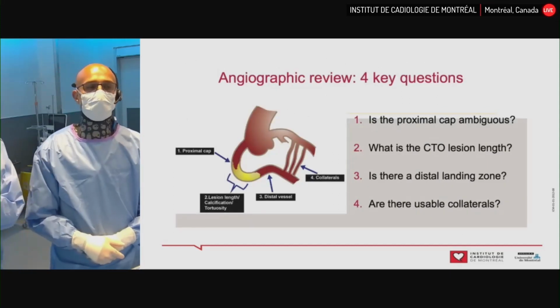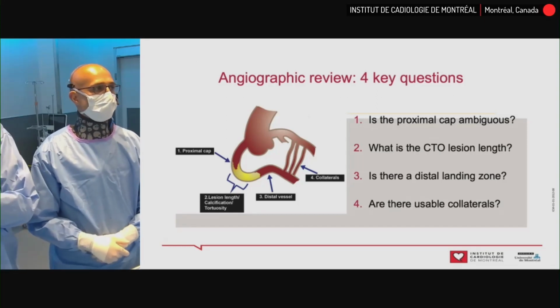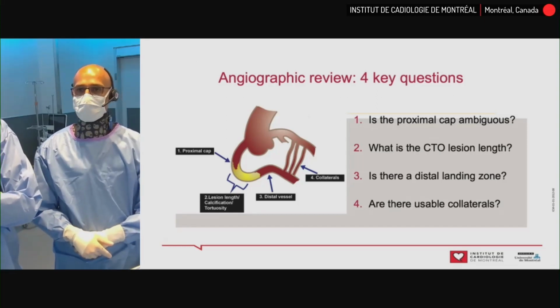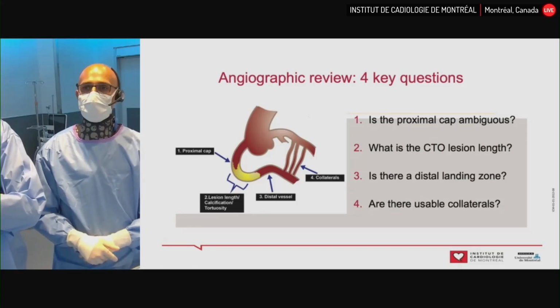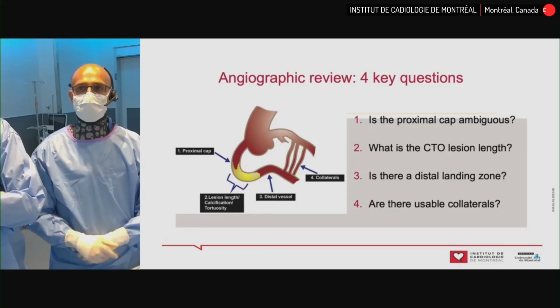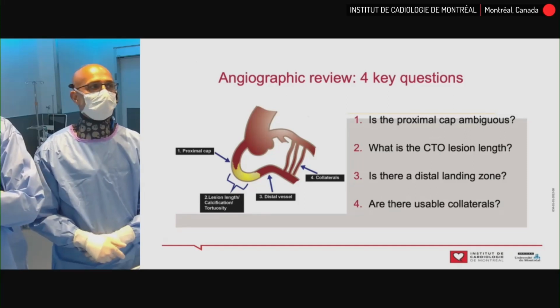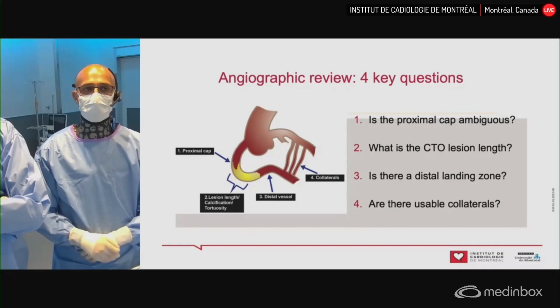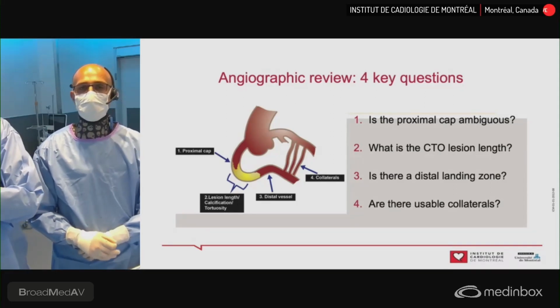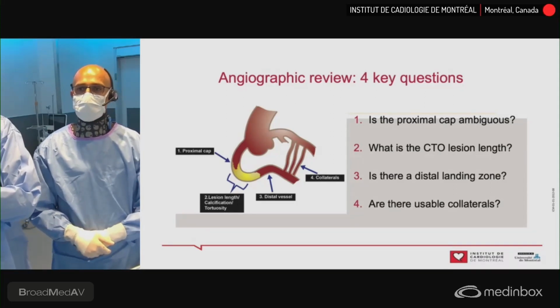There are 4 key questions that you want to answer when you perform the dual injections. First, you look at the proximal cap. Is it ambiguous, or is it clear and tapered? Then you look at the lesion length, because it will greatly determine your strategy, either antegrade or retrograde, and which type of antegrade strategy you will choose.